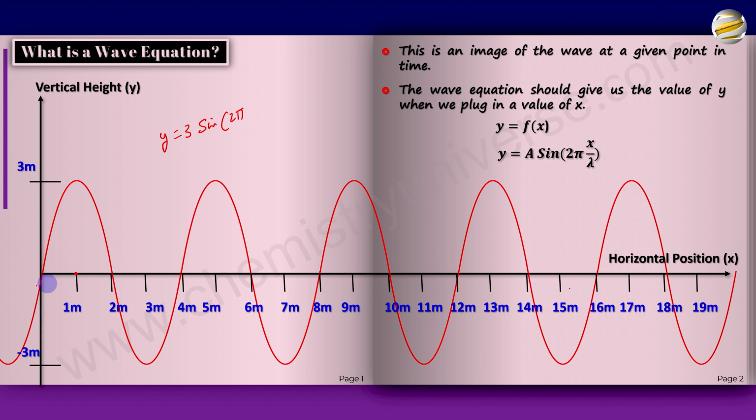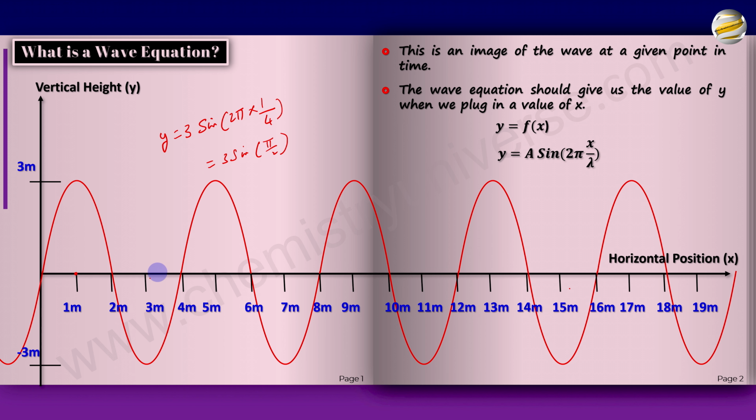Now x I want is 1 meter, and lambda, as you can see, is 4 meters. So what do I get? 3 sine pi by 2. And what is sine pi by 2? Sine pi by 2 is 1. What is 1 into 3? 3. And you can see that when the x is 1, the displacement on the y-axis is actually 3 meters.